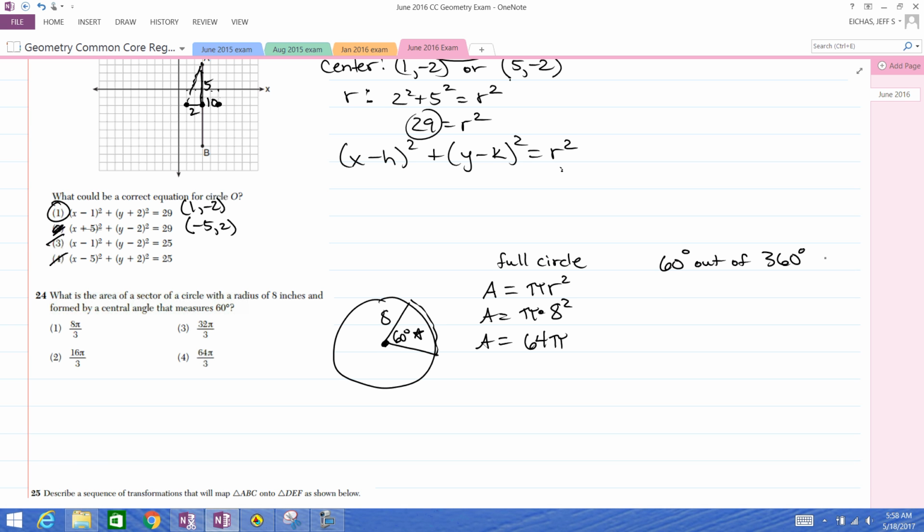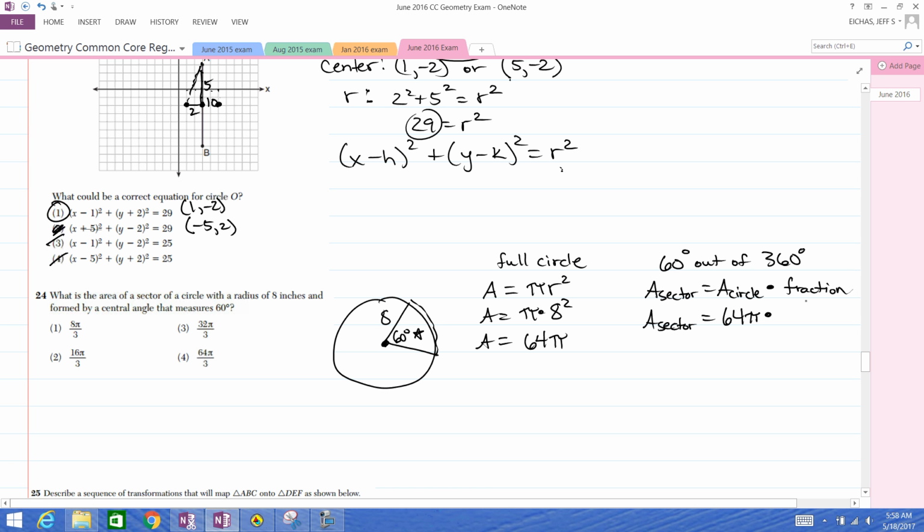It can be done. What I like to do is simply say the area of the sector is the area of the circle times the fraction of the circle. So in this case, it's 64 pi for the area of the full circle, and the fraction is 60 out of 360.